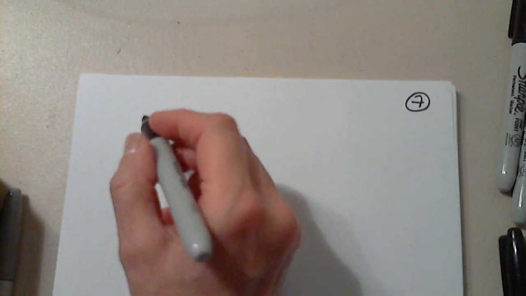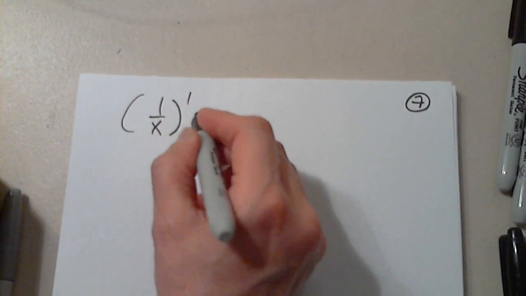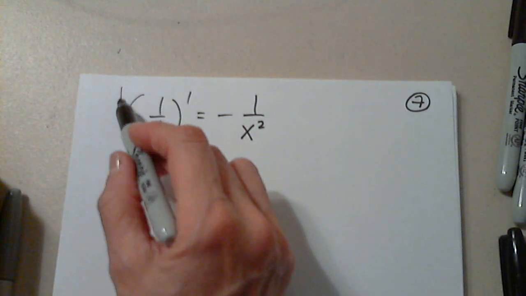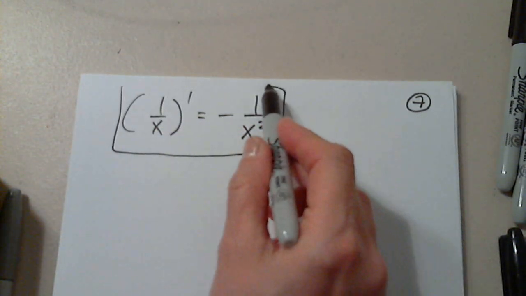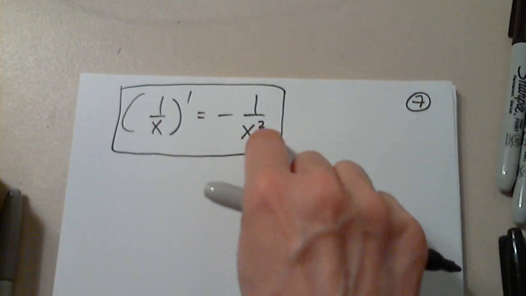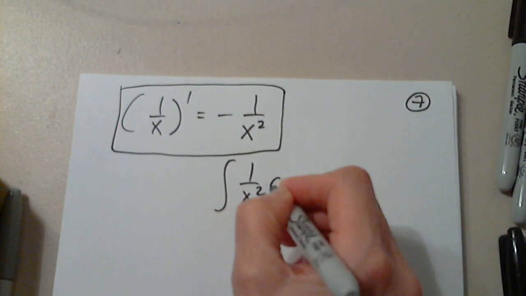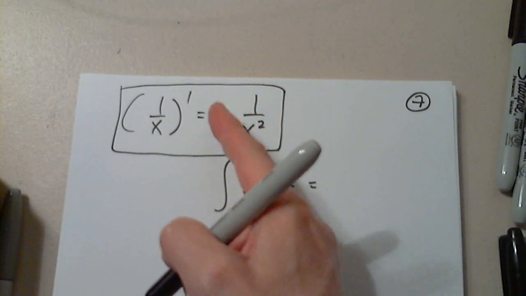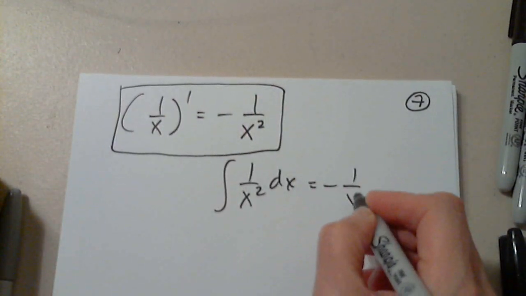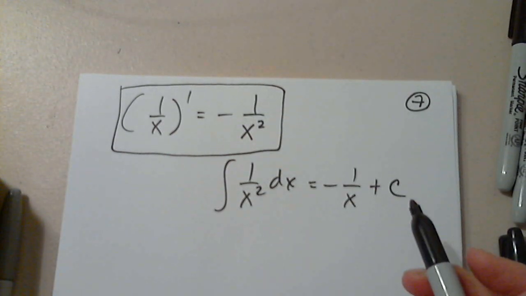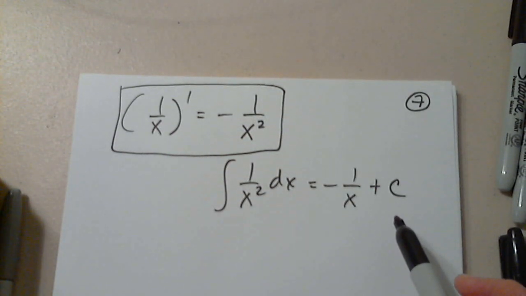So let's write the formula again. When we differentiated 1 over x, I said this is a very important situation. And this is a very important formula. Now when we are going backwards, the integral of 1 over x squared dx must be negative 1 over x plus a constant c. So this is the indefinite integral, so you see the formula.